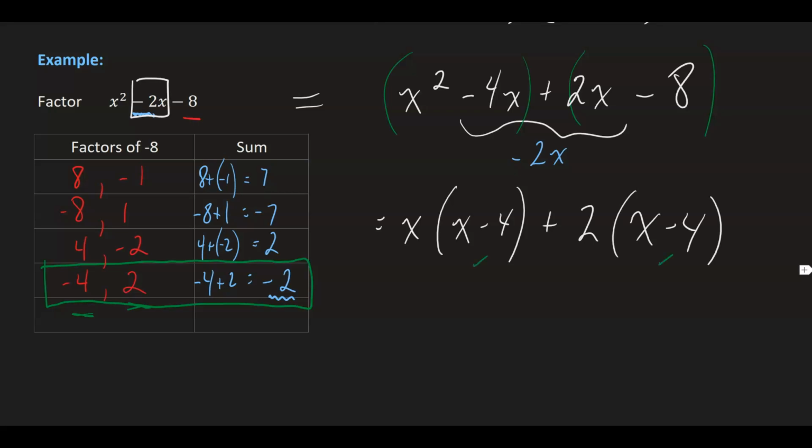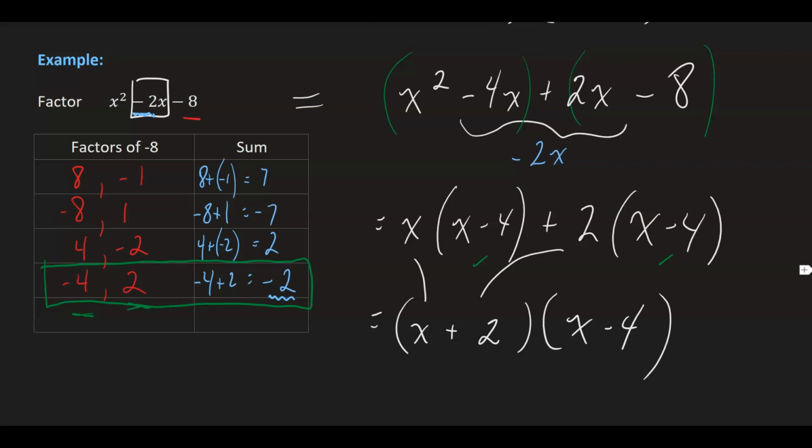If they're not, you might have the wrong sign here or something, okay? Just keep that in mind. Make sure they are the same. Now we have two brackets because we're aiming for this to be factored. And it doesn't matter what order they go in, but I've got here for the first one x plus 2, and the second one is x minus 4, or the other way around.